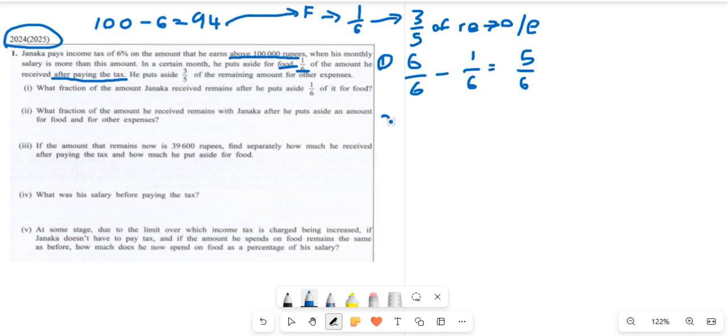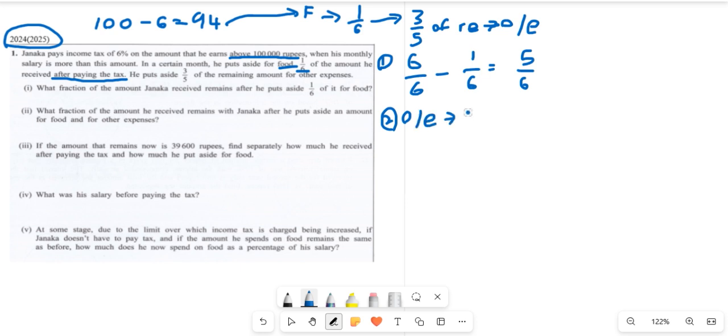Now the second question is, what fraction of the amount he received remains with Janaka after he put aside an amount for the food and for the other expenses. First we have to see what fraction he is giving for the other expenses.